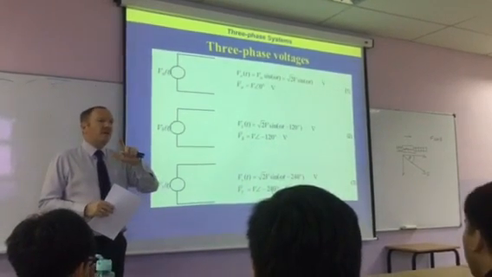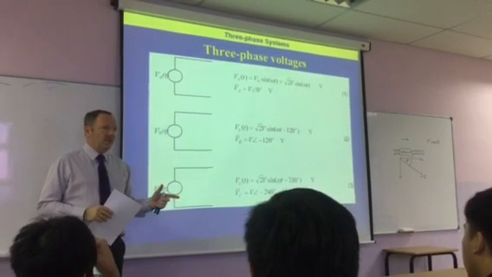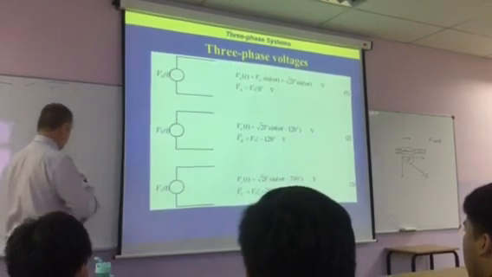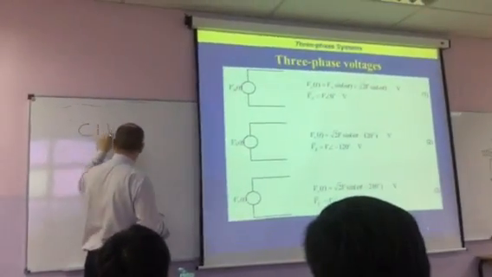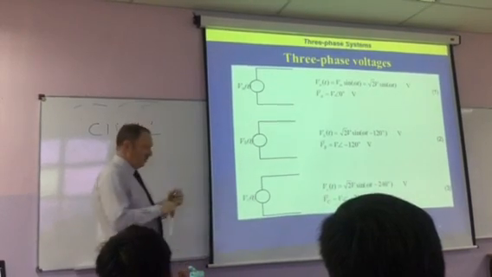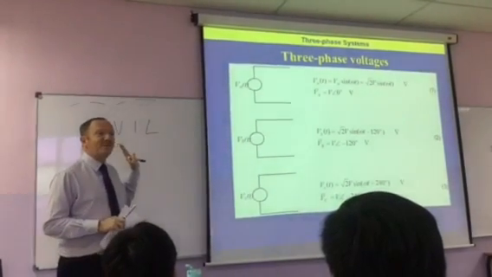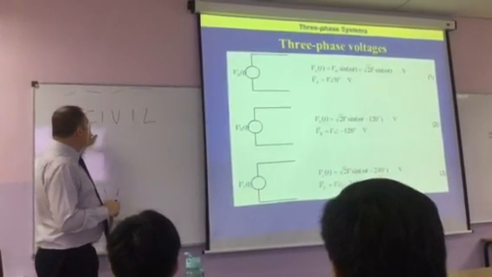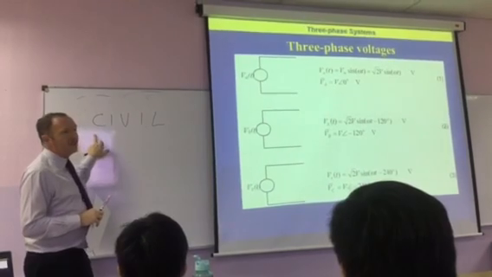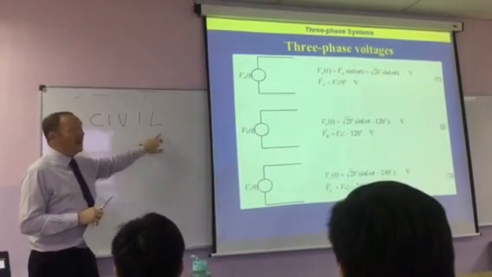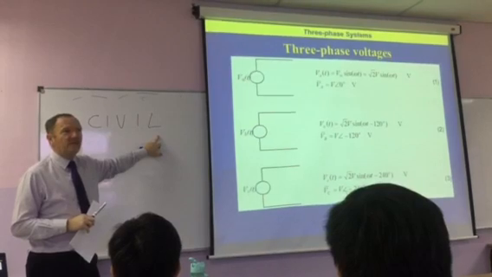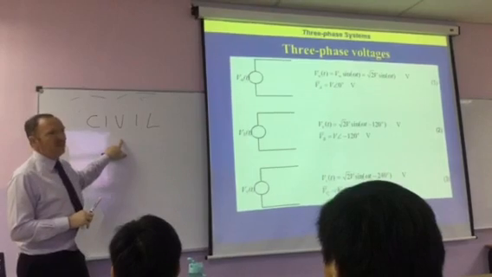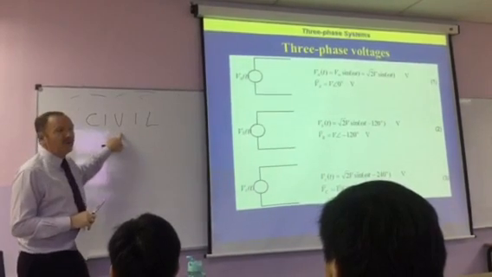If I say to you leading and lagging, have you heard those expressions before? Voltage lead, voltage lag. Do you understand what that means? And I'm not talking about civil engineering here. Have you seen CIVIL before? C is for capacitance, L is for inductance. So this is an easy way. If you have a capacitive network, the current leads the voltage.